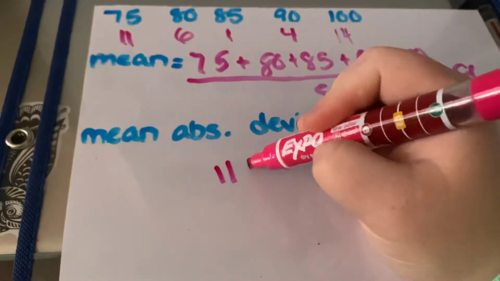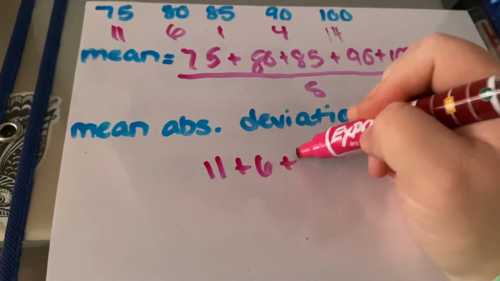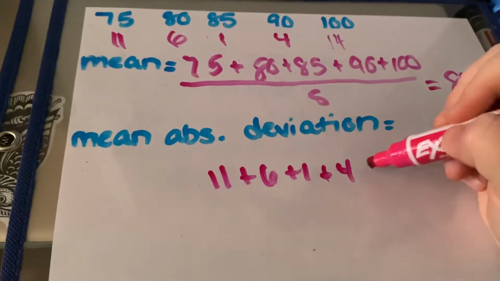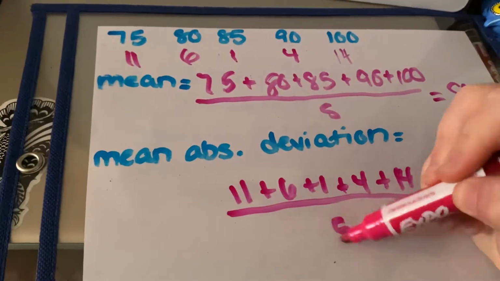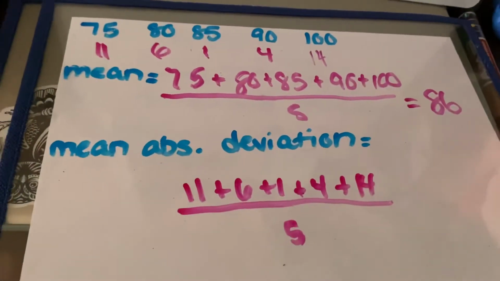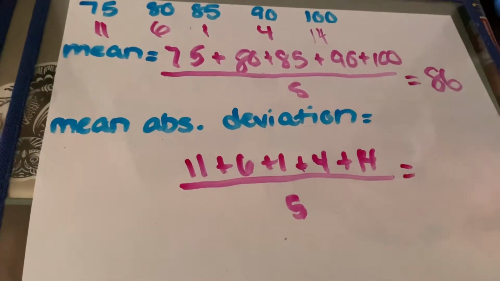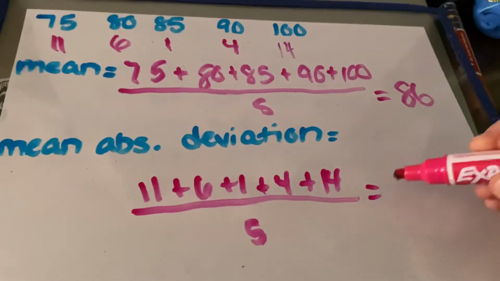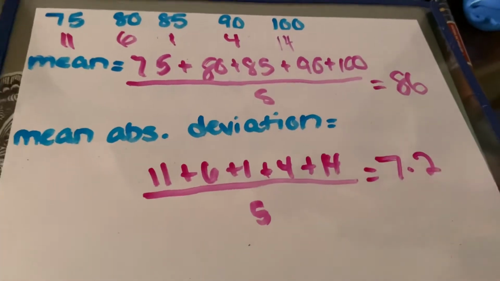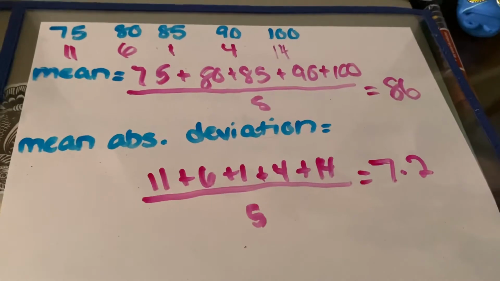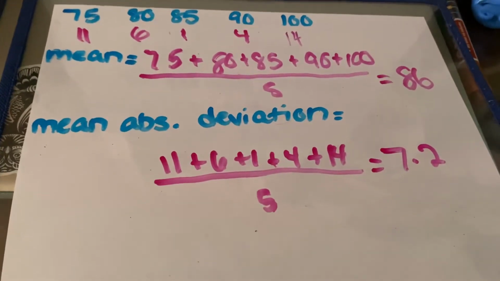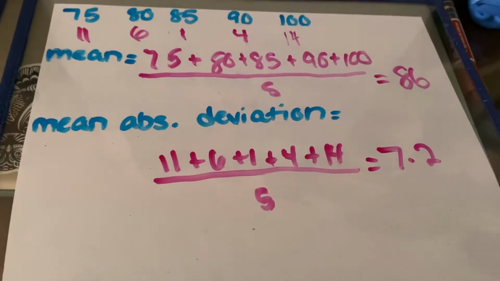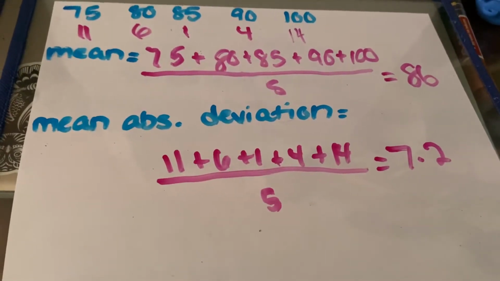So we have 11 plus 6 plus 1 plus 4 plus 14, and we're going to divide all those by 5. When you plug that into a calculator and you do your division, you will get 7.2. So what that's telling you is the average distance between each data value and the mean is 7.2.